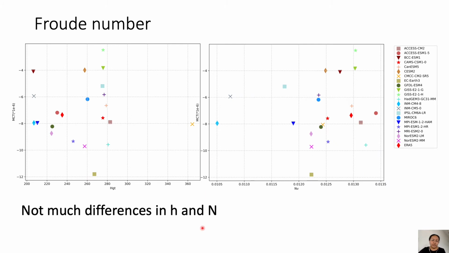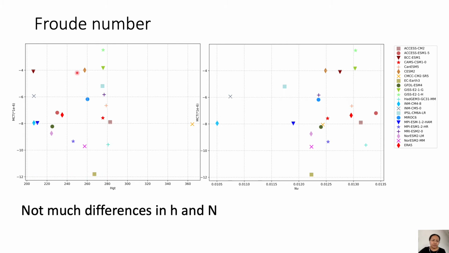So we also looked at the different components of the Froude number, the topography and the static stability, represented by the Brunt-Väisälä frequency. There isn't actually a large difference because the range of the topography is between 200 and 280 meters.